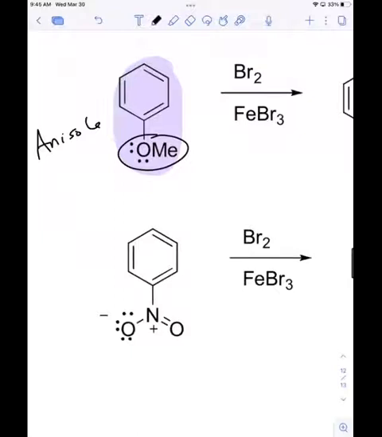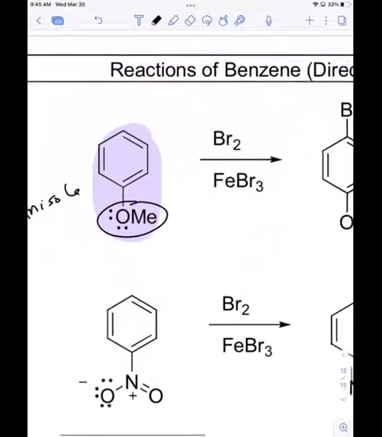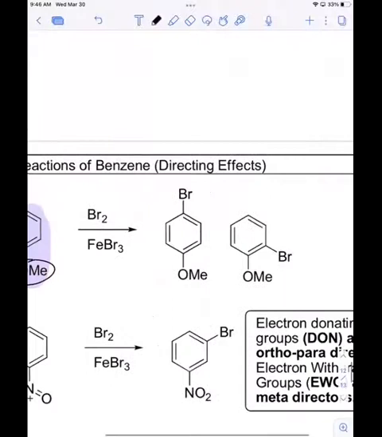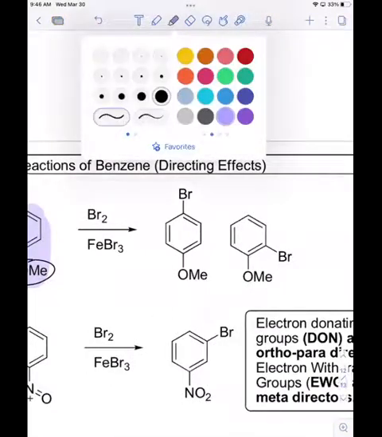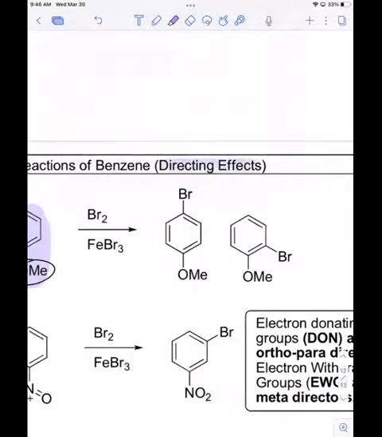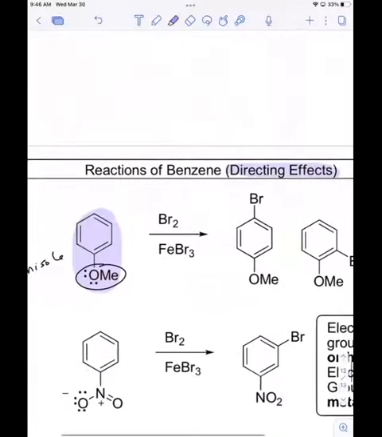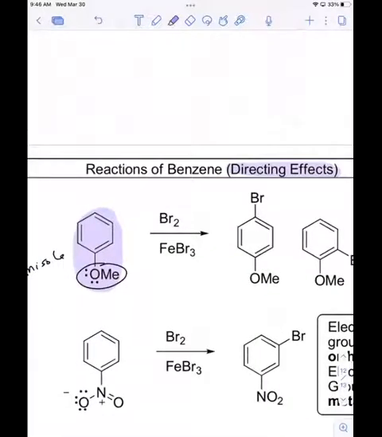And because of that methoxy group, when you have a group on the ring, it experiences what we call directing effects. Depending on the nature of the substituent, that's going to determine how it directs traffic, where the incoming electrophile can go, because we're still talking about electrophilic aromatic substitution.